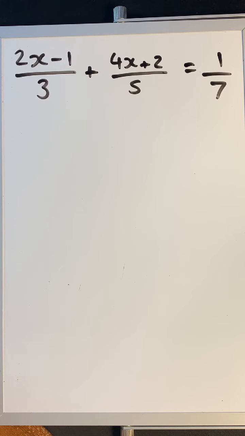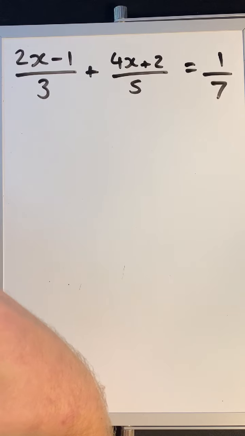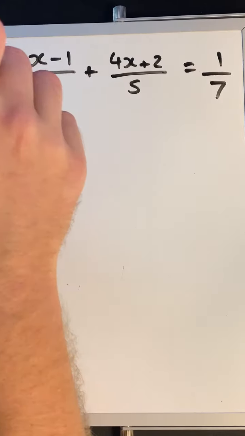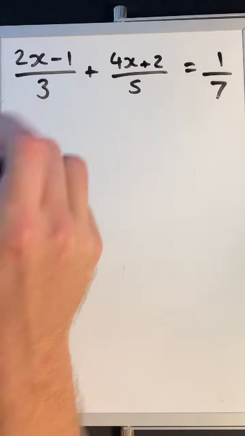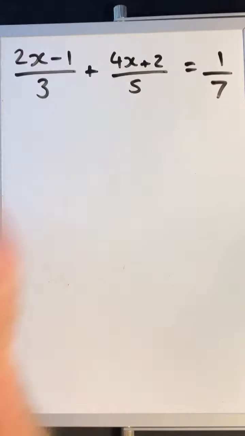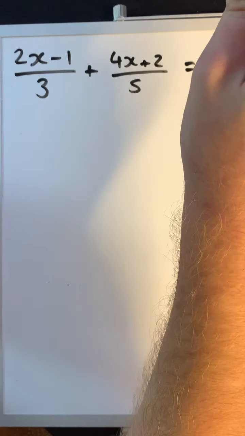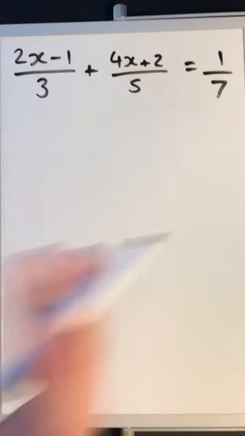Well, remember I was saying before that we can do anything to an equation as long as we do the same to both sides. And by doing the same to both sides, of course, it means that we're doing the same to every term. So if I multiply this side by a number, we're multiplying this by that number and this by that number. And in doing so, of course, we'd also have to multiply this by that same number. We've got to be fair to both sides of the equation.